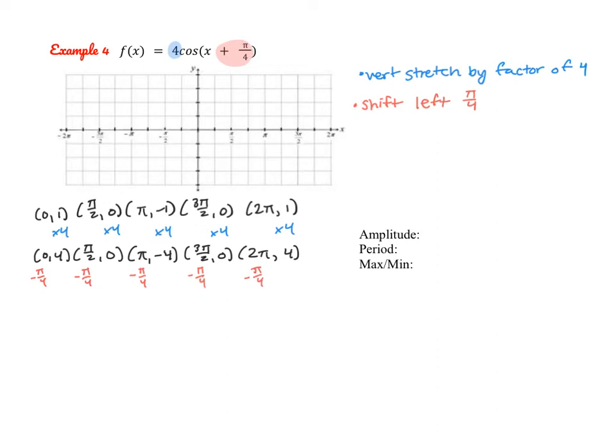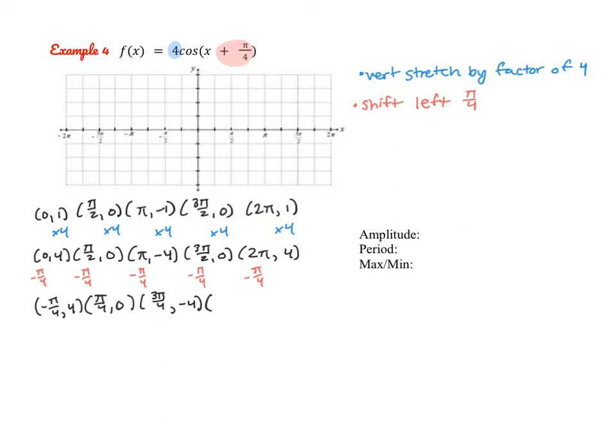So here we do need to be careful. We are working with some fractions, but we can work through it together. So this just simply becomes negative pi over 4, 4. If I have half pi and I subtract a quarter pi, that gives us a quarter pi. So pi over 4, 0. 1/2 minus 1/4. Here, this is saying 1 minus 1/4, so it's 3 pi over 4, 3/4 pi, negative 4.